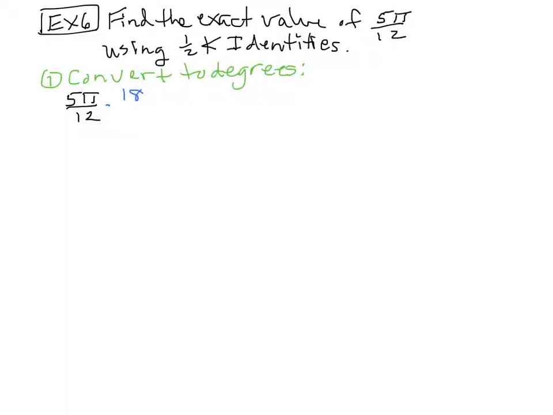Yep, 180 over pi. And so that equals, the pi's cancel. How many times does 12 go into 180? We've done this a lot by now. 15 times. And what is 5 times 15?